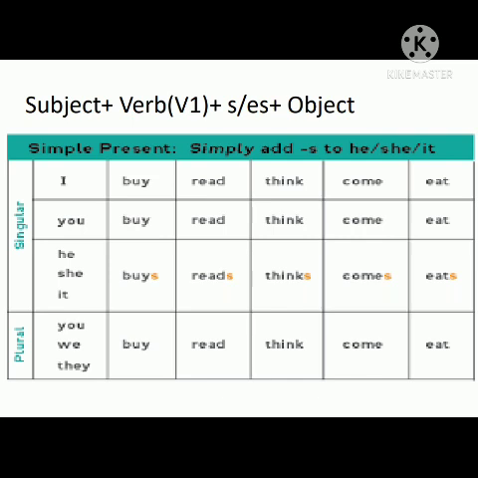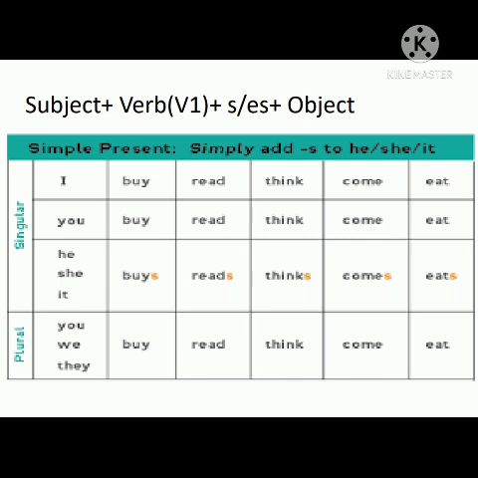Suppose, I buy vegetables. Here, the subject is I, and the subject and verb are given. For which subject do we have to add s or es to the verb? Here you can see in the chart, I buy. For the I subject, we can write verbs like buy, read, think, come, eat.